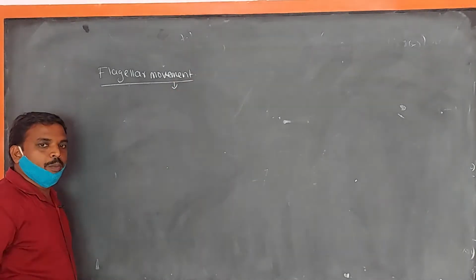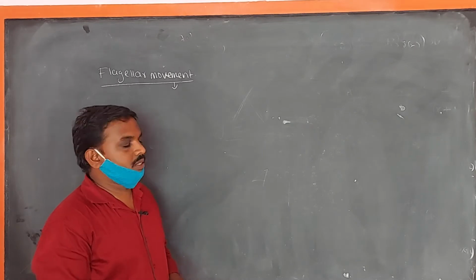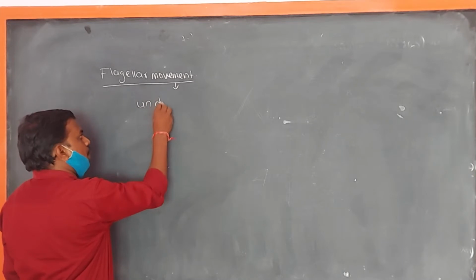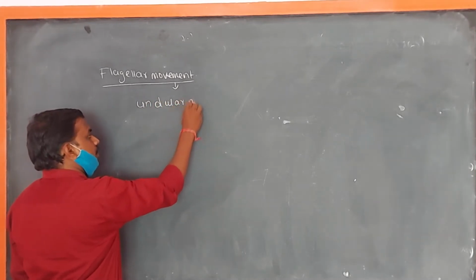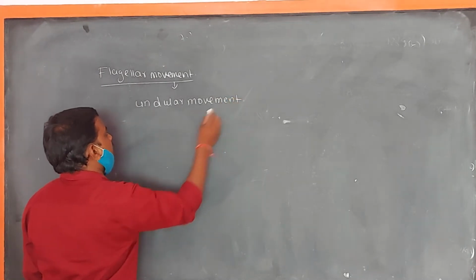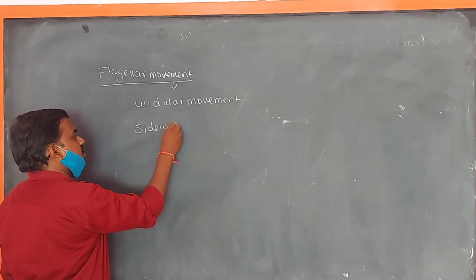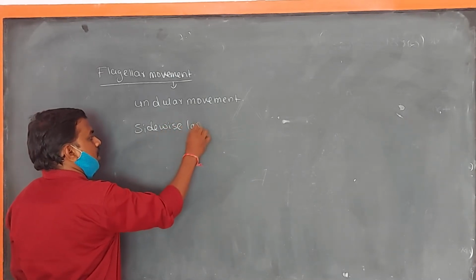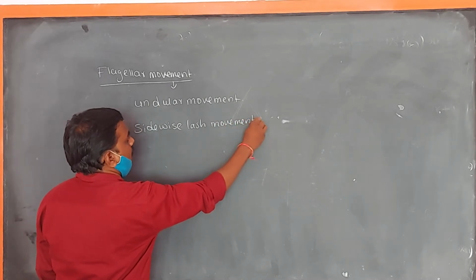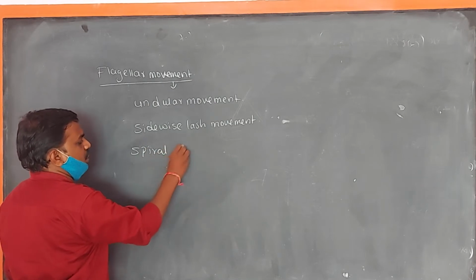These flagellar movements exhibit three types of movements: one is the angular movement, the second one is the sidewise lash movement, and the third one is the spiral gyration movement.